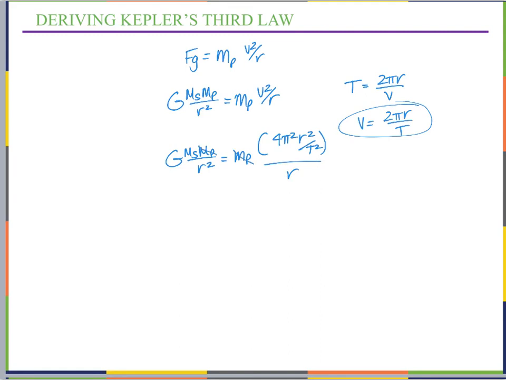Get rid of the mass of the planet, it doesn't matter. We have big G, mass of the sun, is equal to 4 pi squared r cubed over T squared, and I get T squared over here. Sorry, forgot the pi squared.